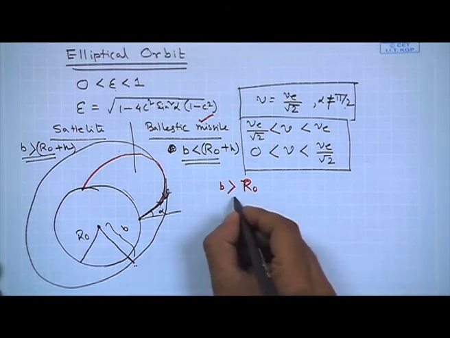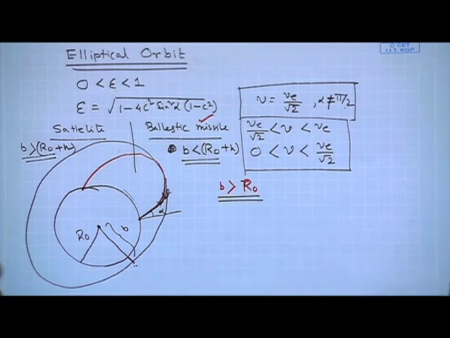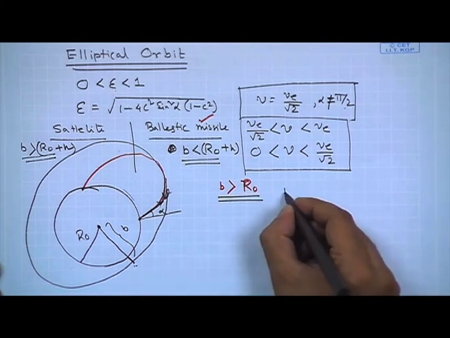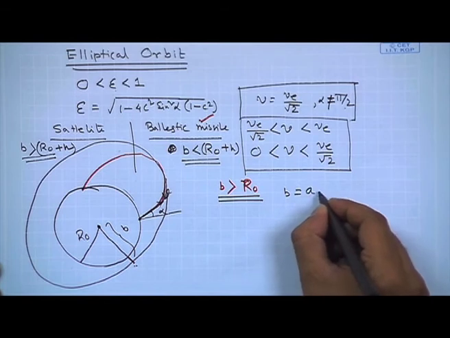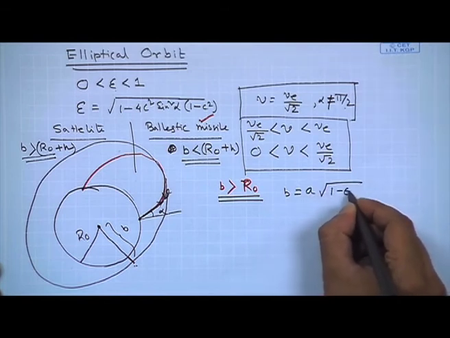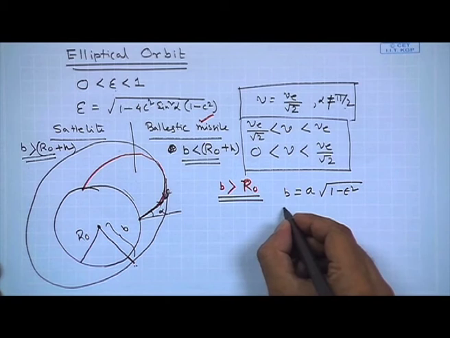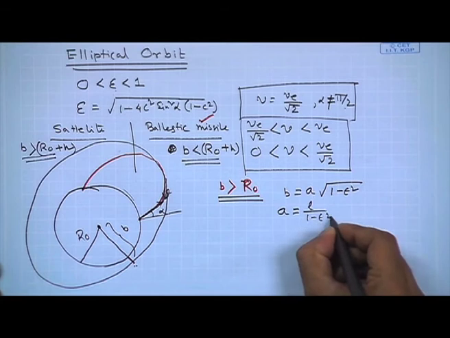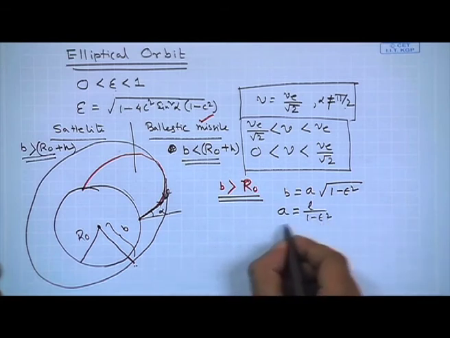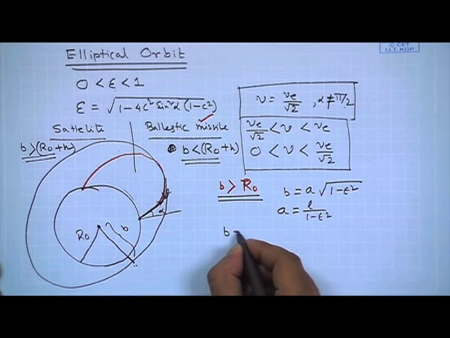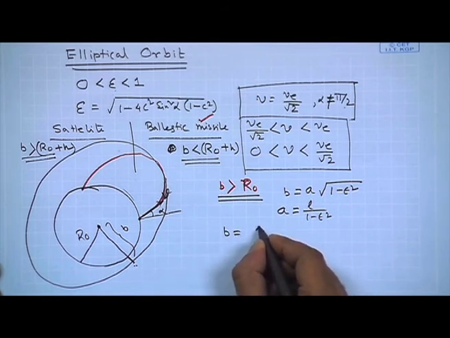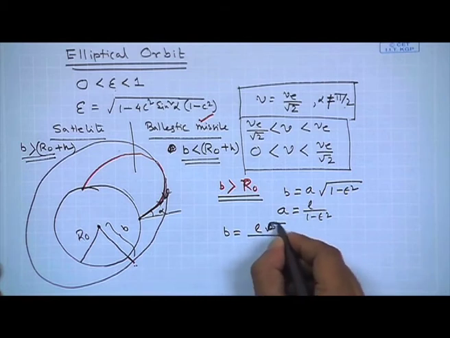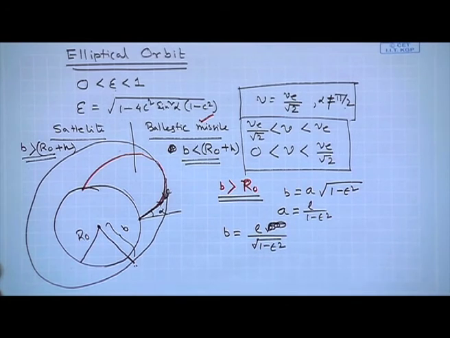So, first we have to set the condition b greater than r0. Now, what is b? If you recall, b is equal to a root over 1 minus epsilon square, and a was given by l into 1 minus epsilon square. So, in terms of l, b is equal to l divided by root over 1 minus epsilon square, right.